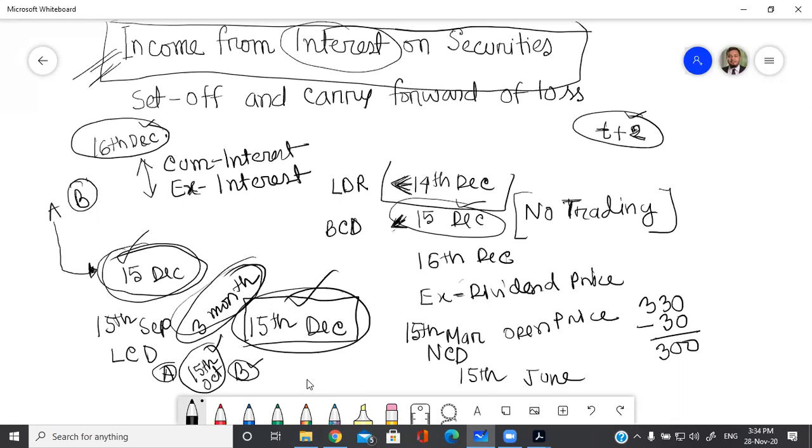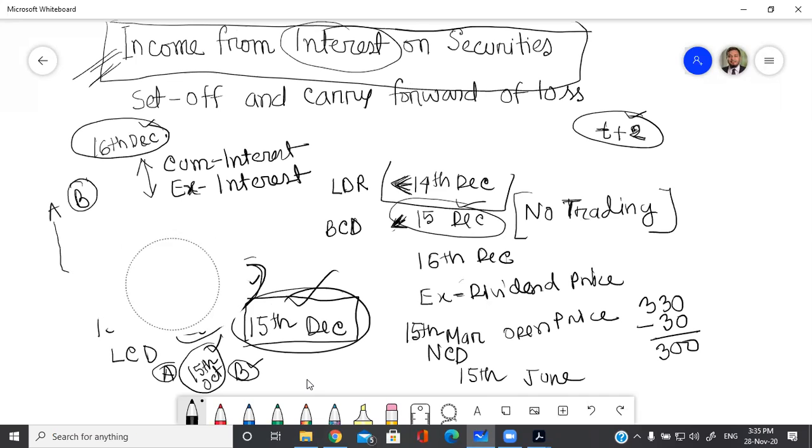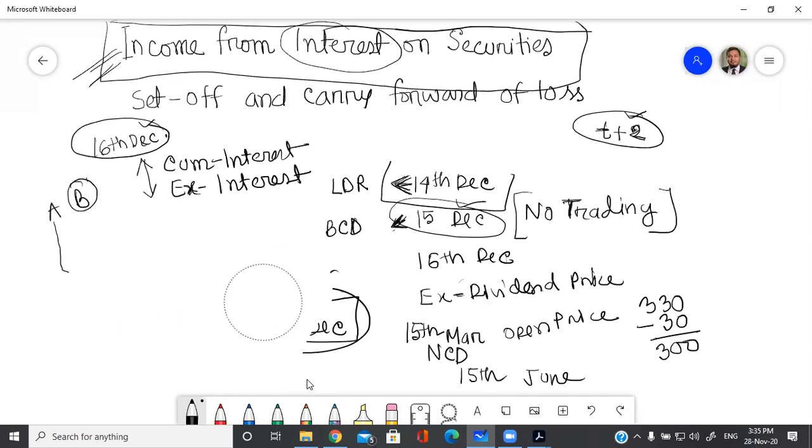It can be on the due date, or before or after the due date. So what I would like to tell you is how to avoid the tax on interest income.